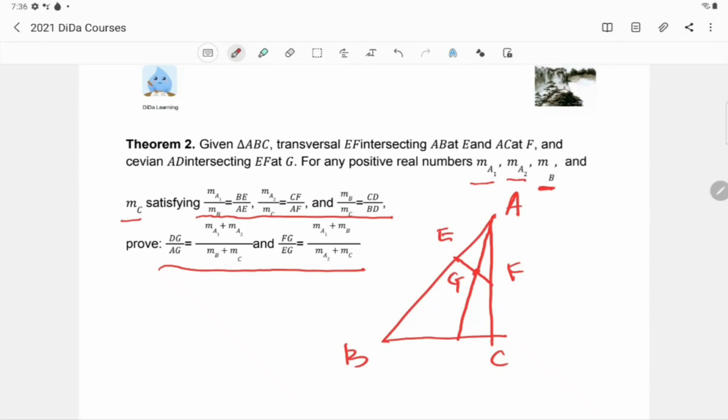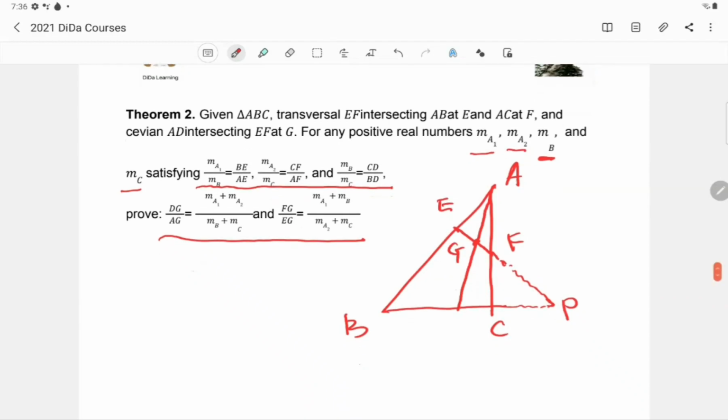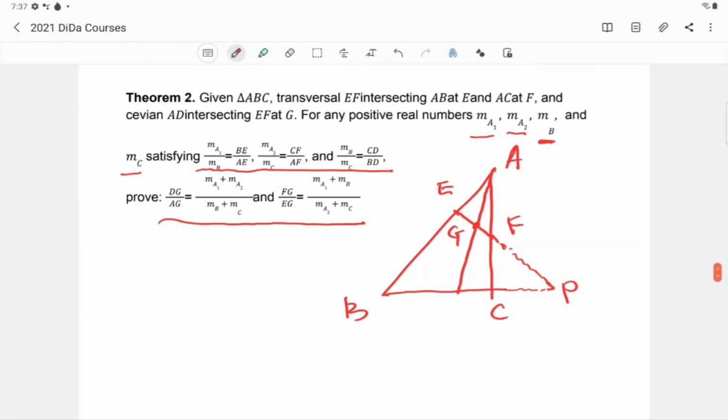Okay, so for this, I will go through very quickly. To do that, I want to use Menelaus again. That's why the title of this lesson is MPG is Menelaus. So I extend EF to intersect with BC's extension at P. And first, I will use Menelaus with the triangle ABC.